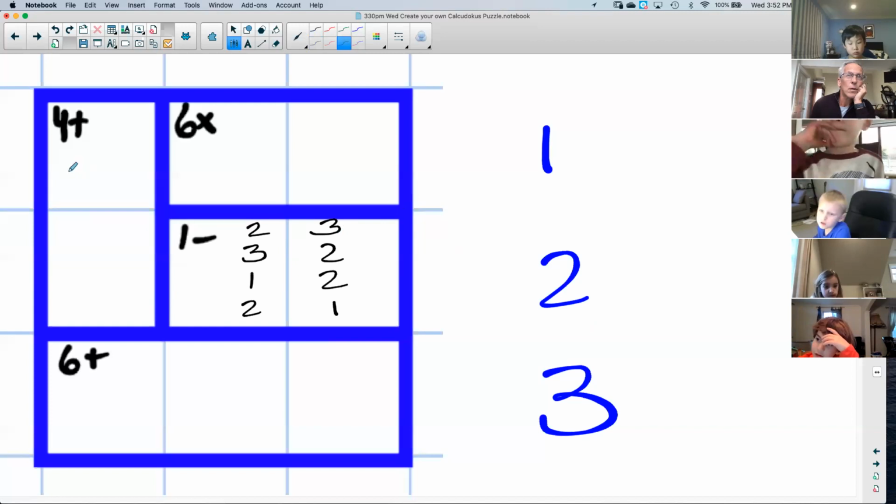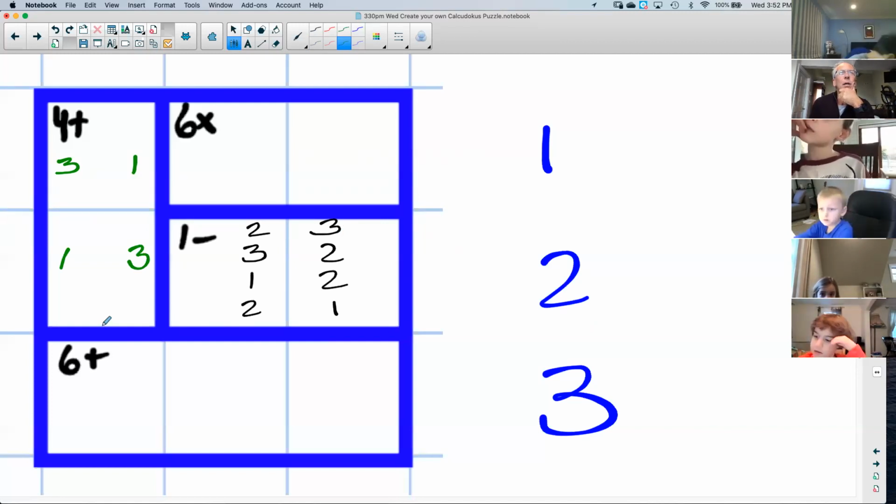A 3 and a 1, or a 1 and a 3. Aha. Now, does that give us any better information? I don't think it does, because I don't think we know which one yet. But guess what?